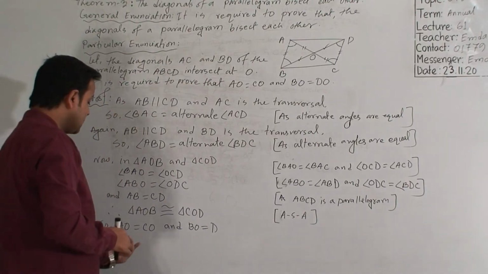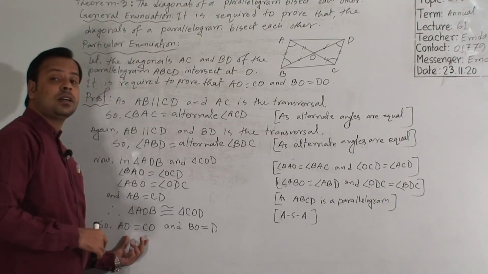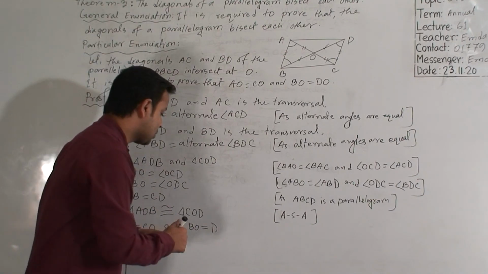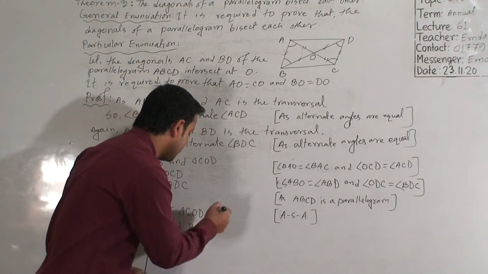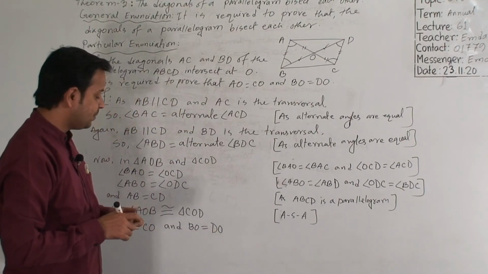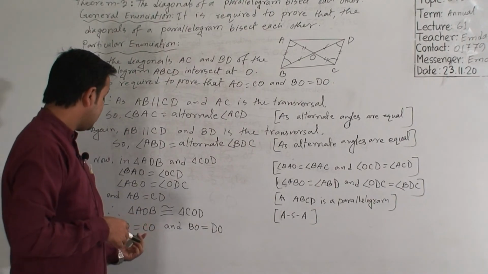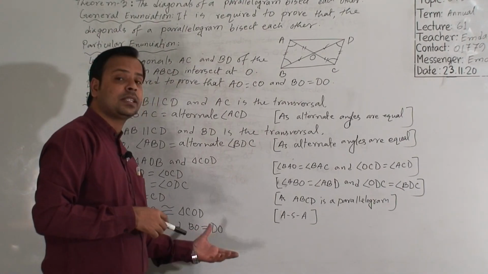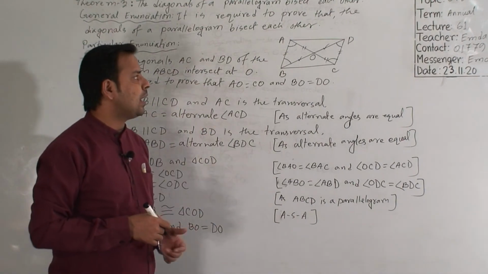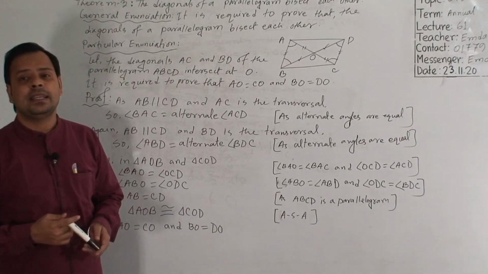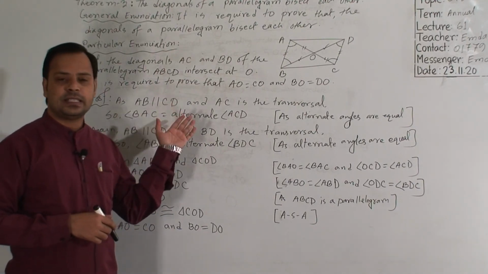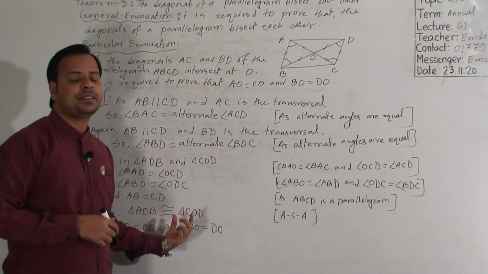This AO and CO are two parts of the diagonal AC, and BO equal to DO means these are the two parts of the diagonal BD. So as these parts are equal, we can say that the diagonals of the parallelogram ABCD bisect each other. So proof is done here.